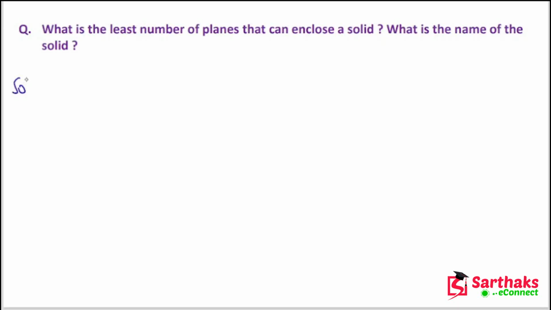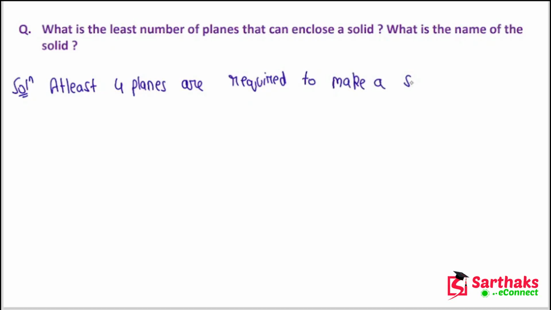Tetrahedron. So we can write: at least 4 planes are required to make a solid.